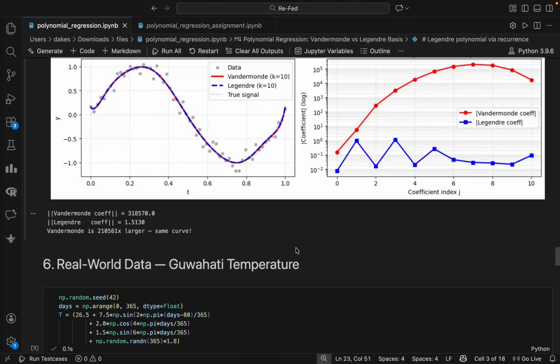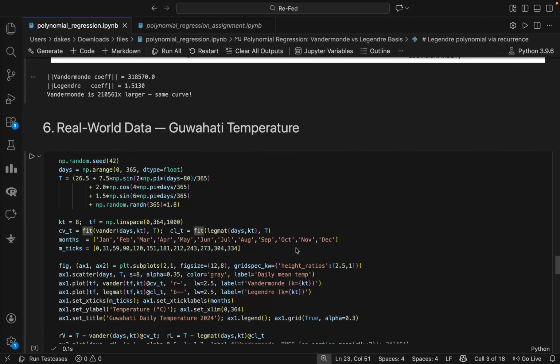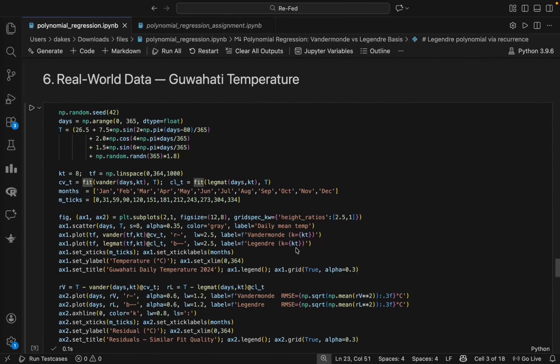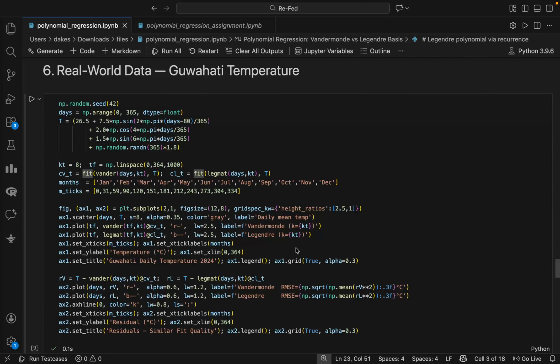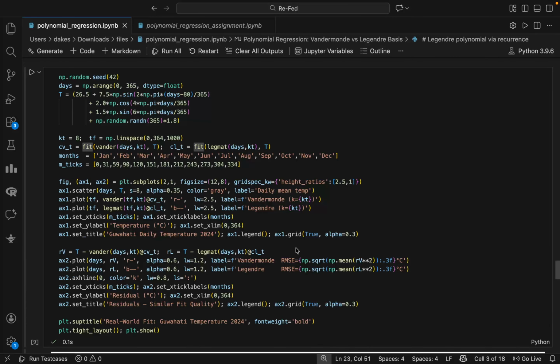Now let's apply this to realistic data. This data is very similar to actual Guwahati temperature data, 365 days of daily mean temperature with a seasonal pattern plus noise, similar to the data that was shown in the tutorial. I fit both bases with polynomial degree 8.